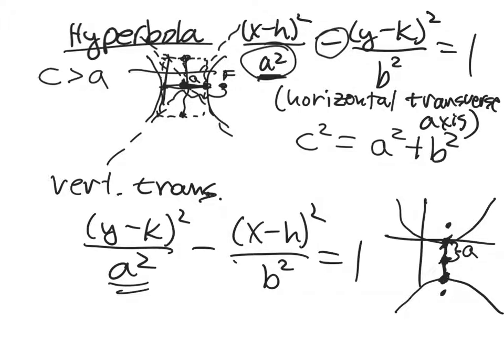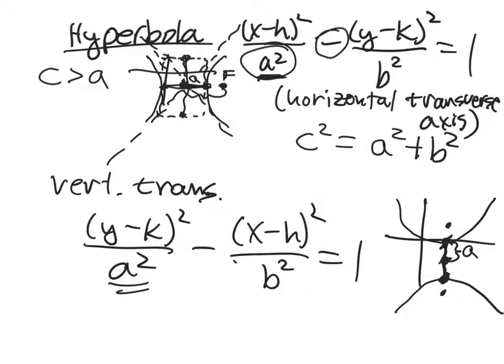So like I said, the problems that will involve the conic sections, given an equation, maybe find the vertices, find the foci, find the directrix, find the focus of a parabola, or given characteristics about the conic section, find the equation and graph it.